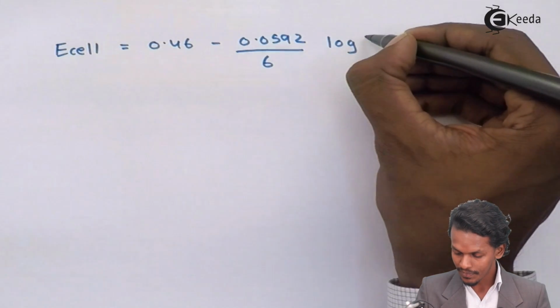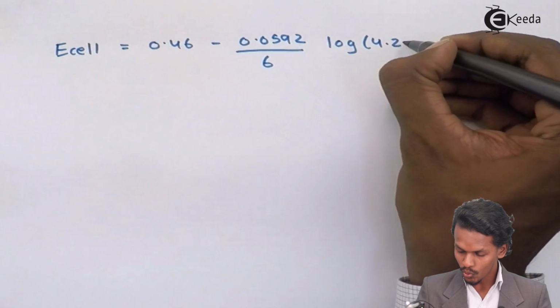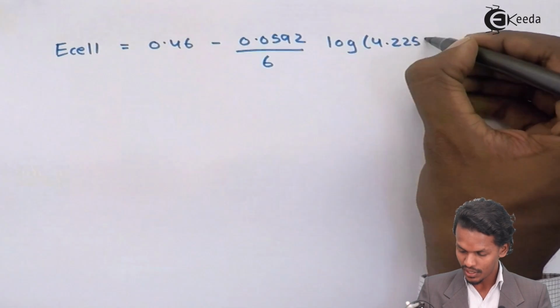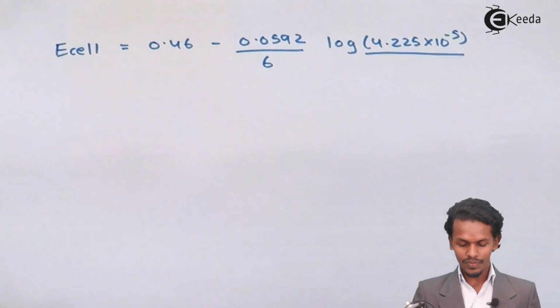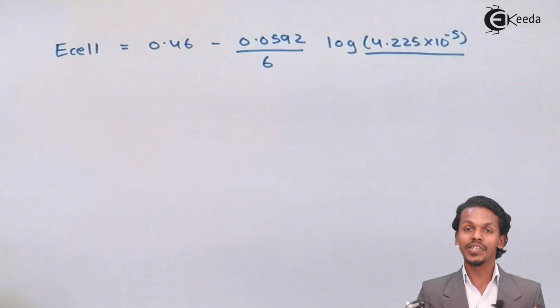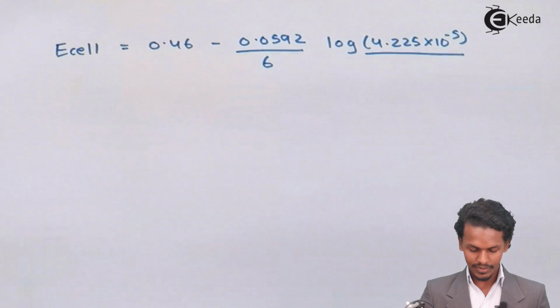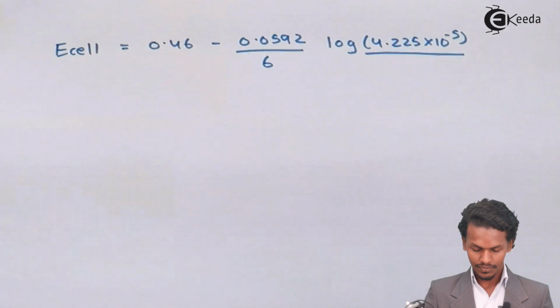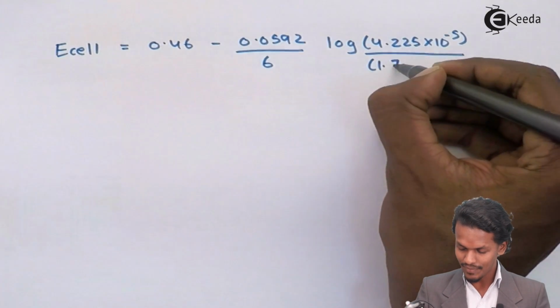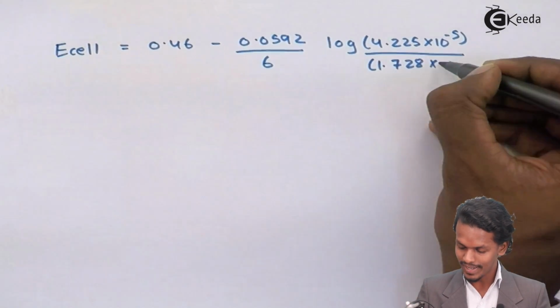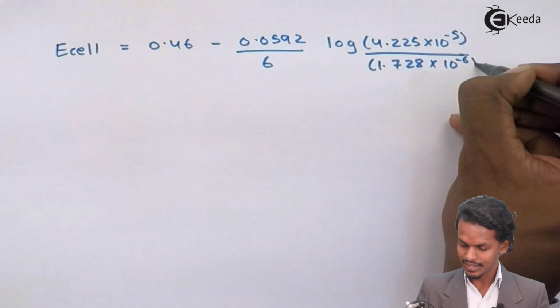It is found to be 4.225 into 10 raised to minus 5, while the cube of 0.012 will be 1.728 into 10 raised to minus 6.